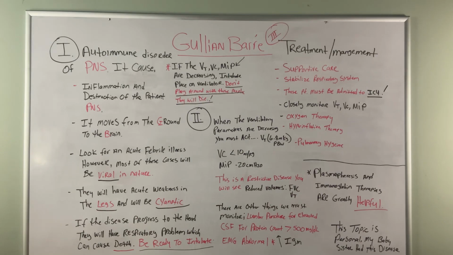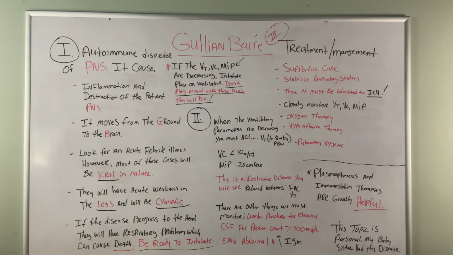Now, there are some other things that are very helpful when it comes to Guillain-Barre syndrome, which is plasmapheresis. We can give immunoglobulin therapies, and all of these greatly help the patient with neuromuscular disease, especially Guillain-Barre. Plasmapheresis and immunoglobulin therapies are greatly helpful in these patients.